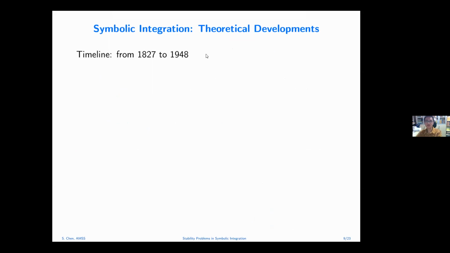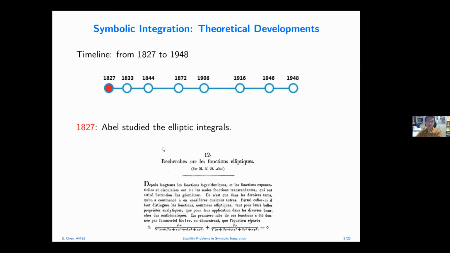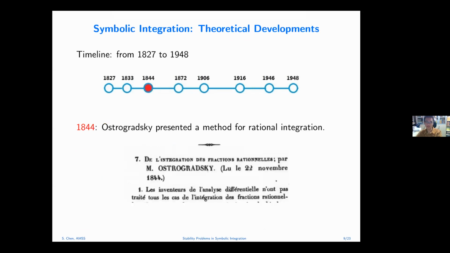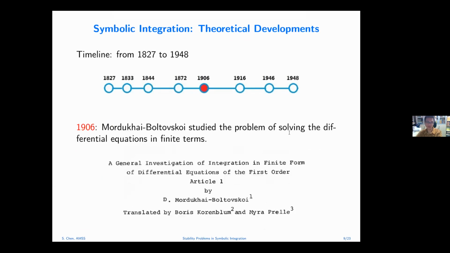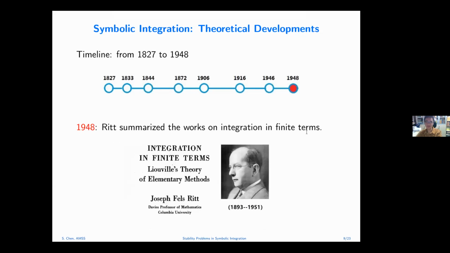The first period is the theoretical development, starting from Abel's very classical paper on elliptic integrals, and ending with Ritt's very nice little book on integration in finite terms. I think this is still a very nice book for introducing this topic.